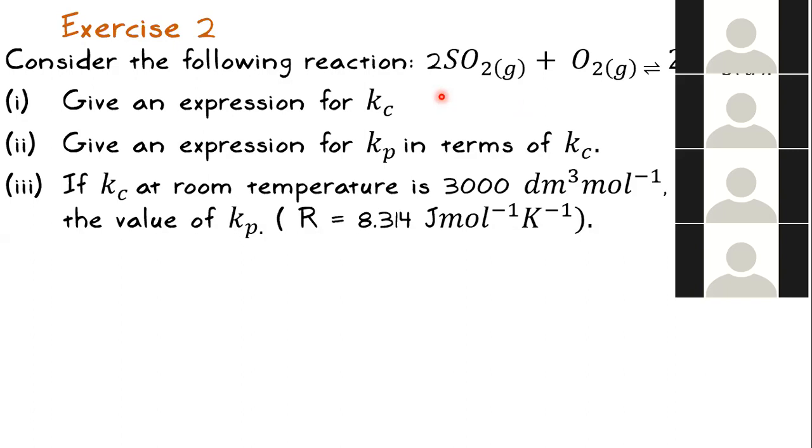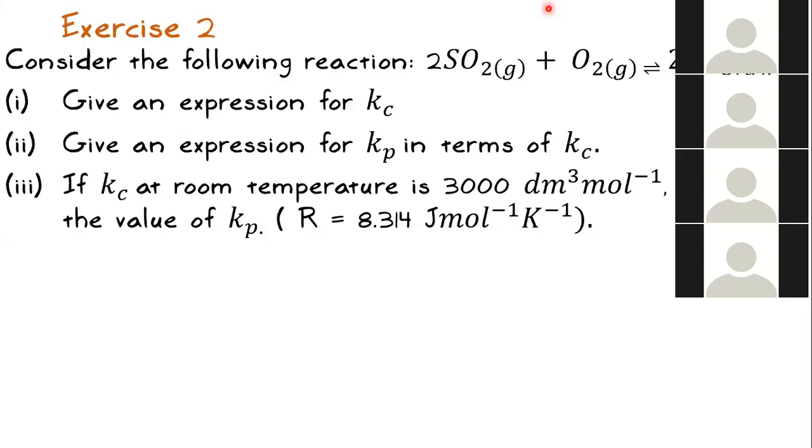I get, in brackets SO2, brackets close raised to the power 2, brackets open O2 brackets close, all over brackets open SO3 brackets close, all raised to the power 2. Okay, that is your answer. Let me put it down. Who else got an answer for I?